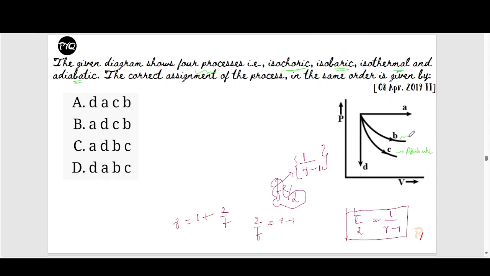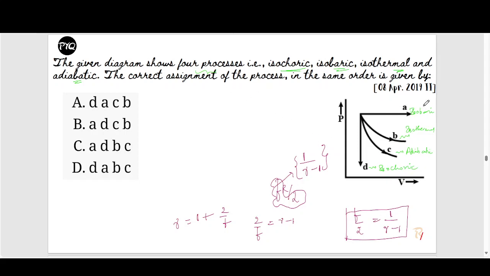Less steep than adiabatic gives us isothermal, and this gives me isobaric, and this gives me isochoric.